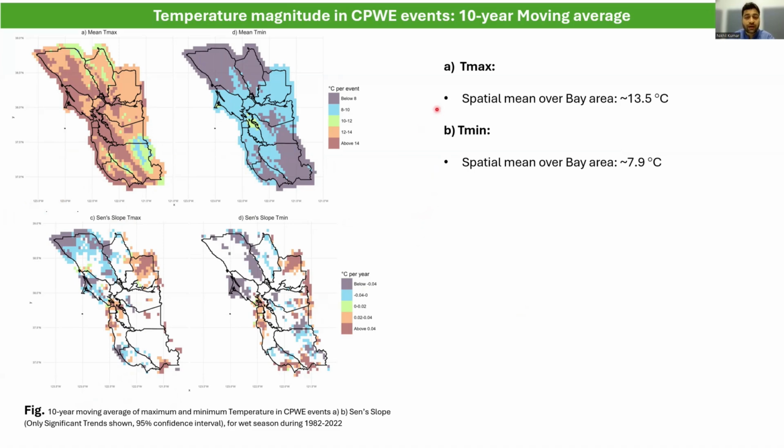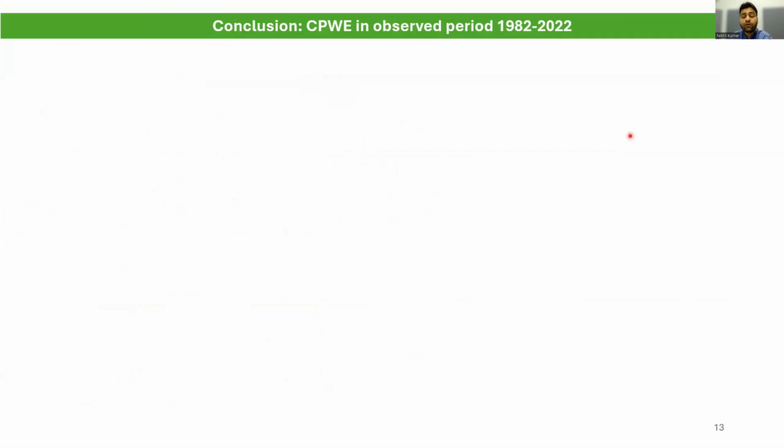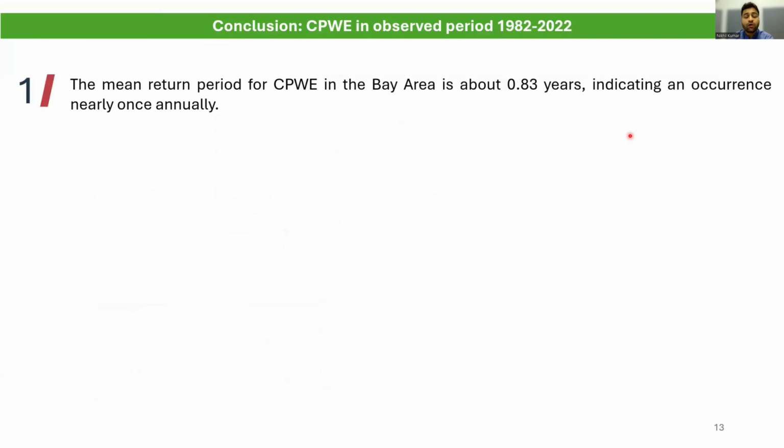What we found was that the temperature trends were not that significant, but the major finding was that during these events, the maximum temperature over the Bay Area was approximately 13.5 degrees Celsius, and the minimum temperature was 7.9 degrees Celsius. So now moving on to the overall conclusions of these results.